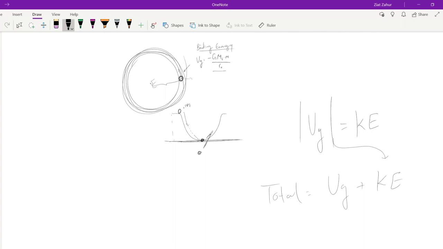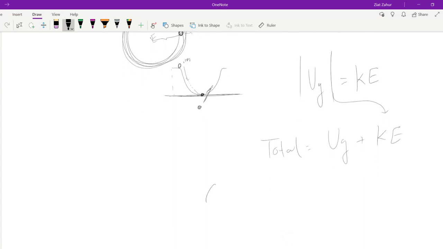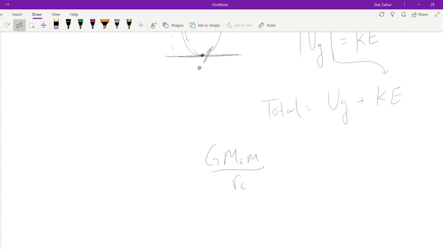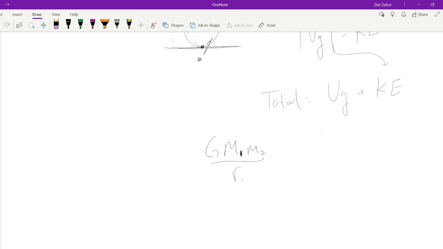And so as you go faster and faster, this G, mass of the Earth, times your mass divided by radius of the Earth. Let's write it in the general form. So we'll just write this as m1, m2, and then we'll just call this r. So here's our general equation. So here's our UG for any planet.